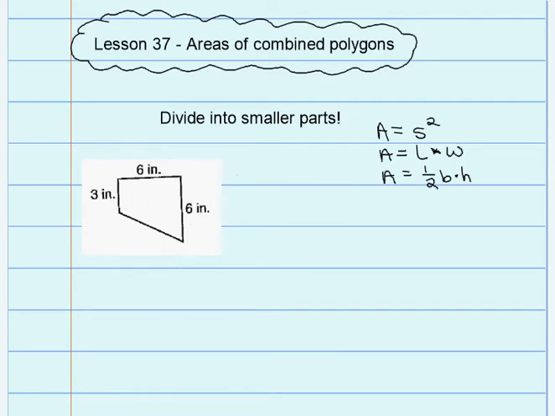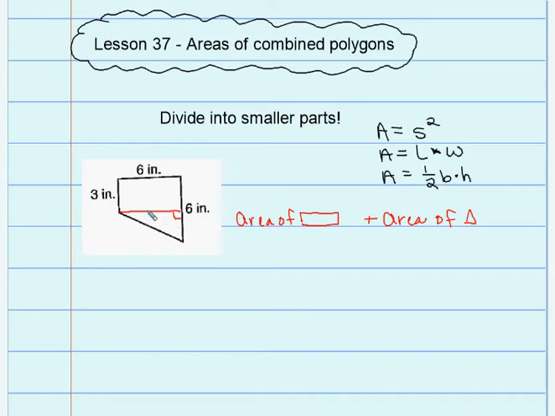I'm going to start dividing this and calculating the area. If I draw a line right here, it's going to be perpendicular, so I know that this is a rectangle, so I can do the area of the rectangle, and I can find the area of the triangle and add them together to get the area of the trapezoid or the quadrilateral.